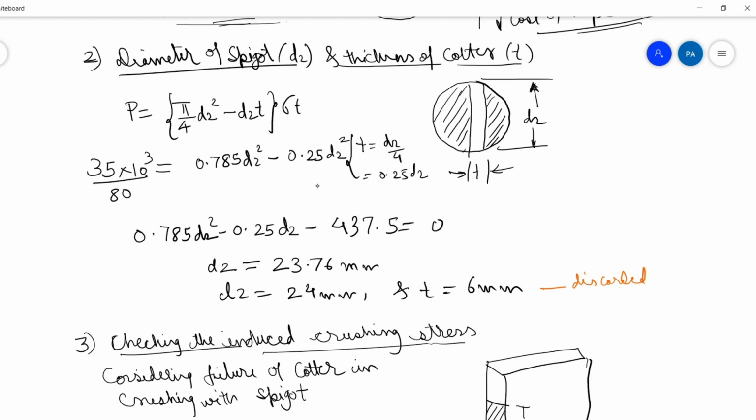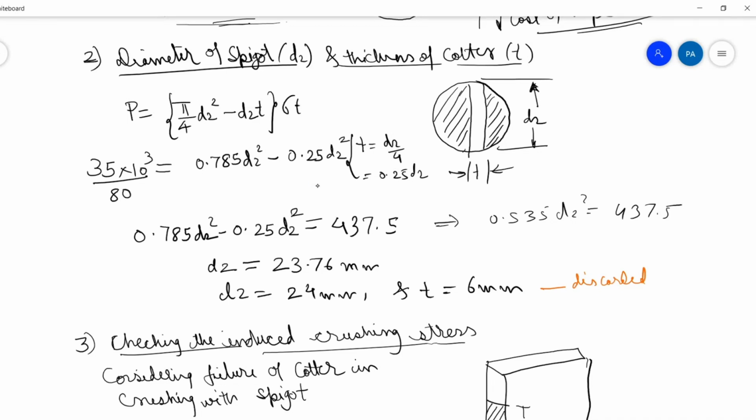So how much is the value of d2 now? It is coming out to be 28 point something. Just check. 28.58, sir. Okay, so this is not correct. This should be square, and the next step is 0.535 d2 square equal to 437.5. Correct.